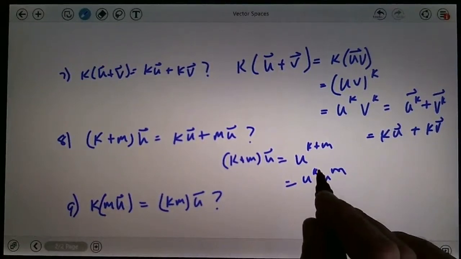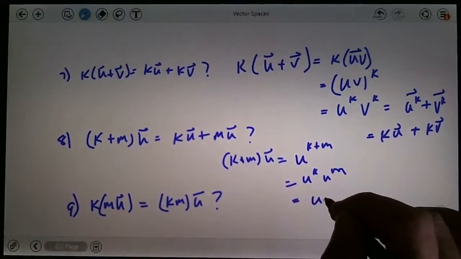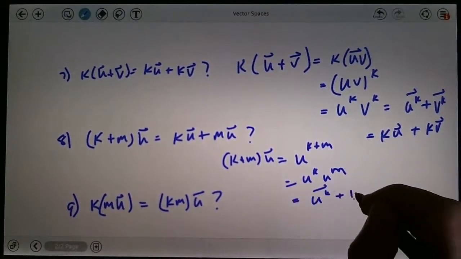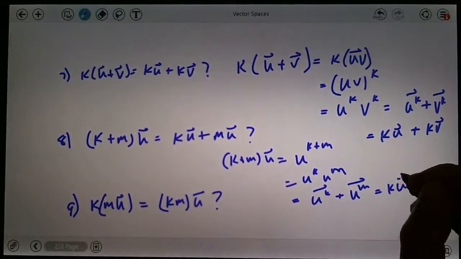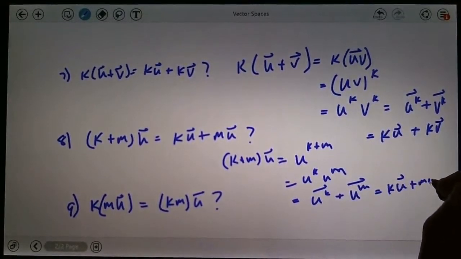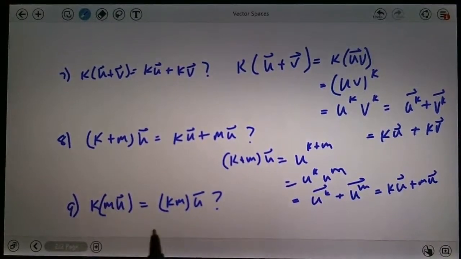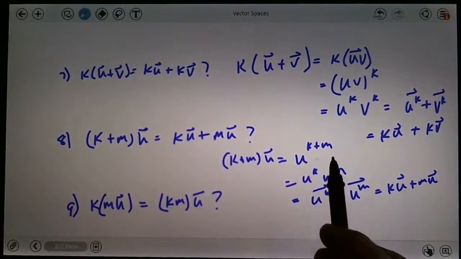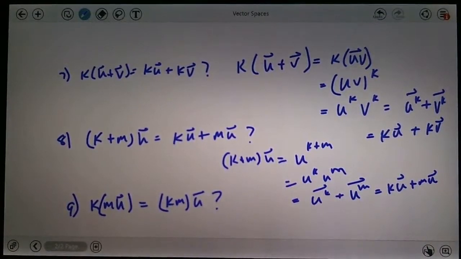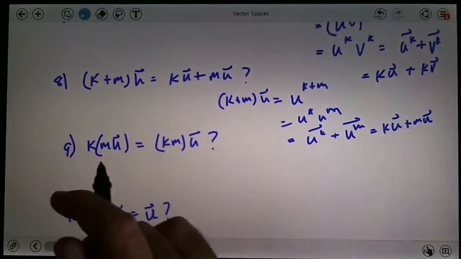But this is two numbers being multiplied together now, which is u to the k as a vector plus u to the m as a vector, which is equal to ku plus mu. And so the distributive property works that way as well. That's another property of exponents where it's like a distributive property, and it is a distributive property in a different vector space.